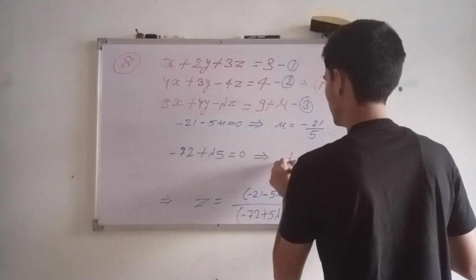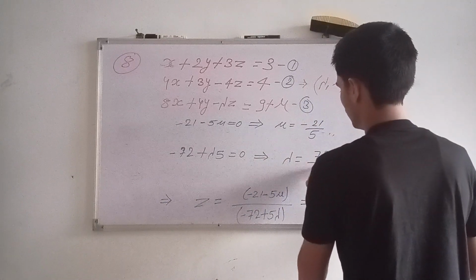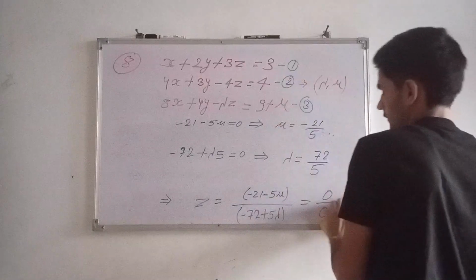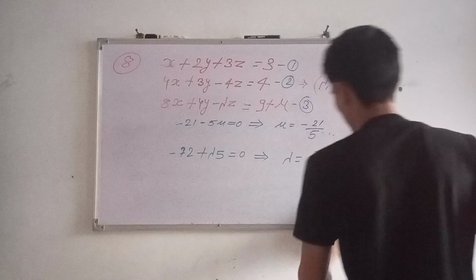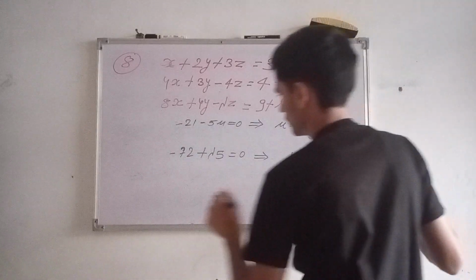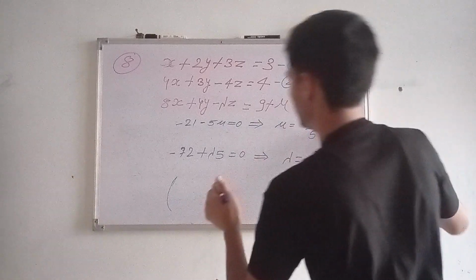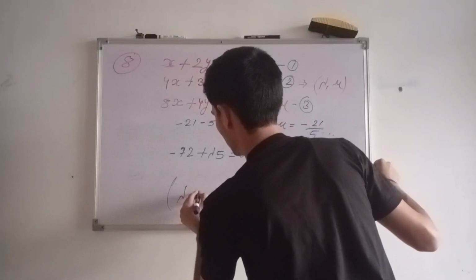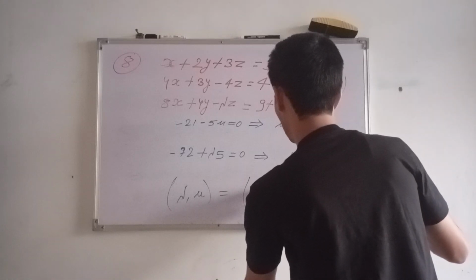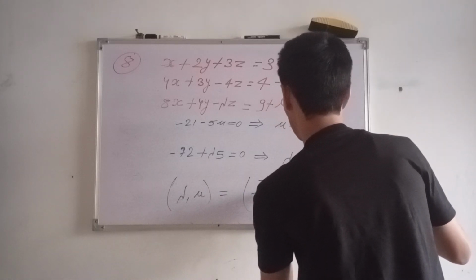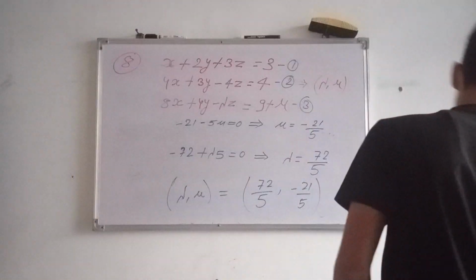From here we will get lambda is equal to 72 by 5. So we have got both the values, lambda and mu. So our ordered pair, lambda comma mu, is 72 upon 5 comma minus 21 upon 5.